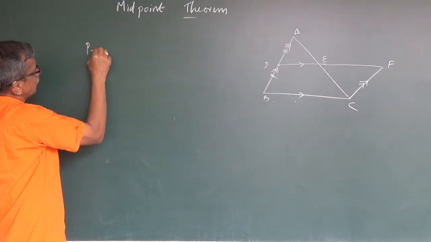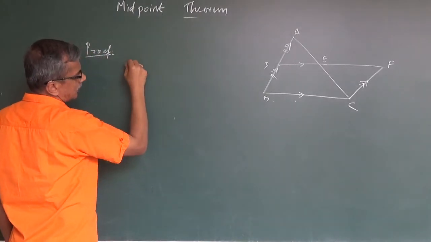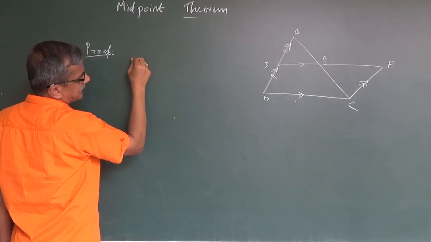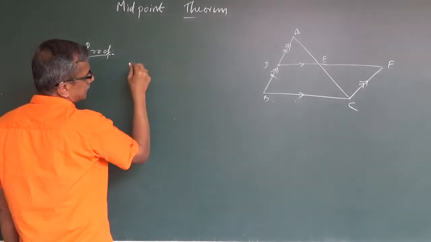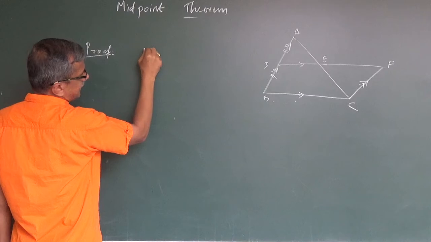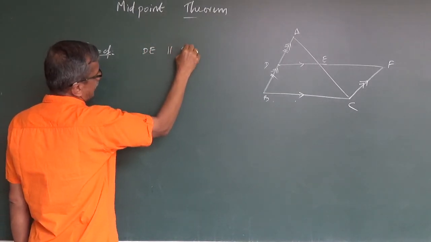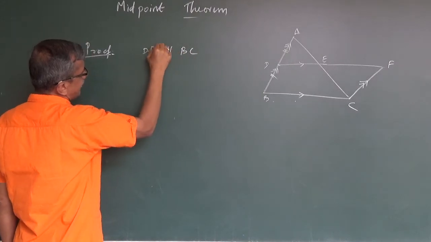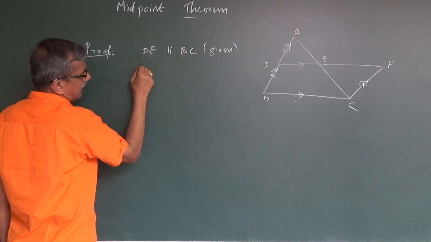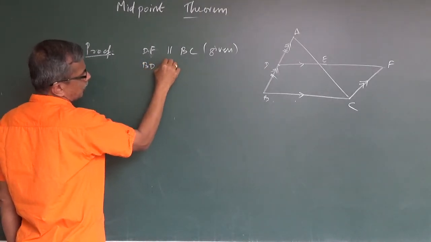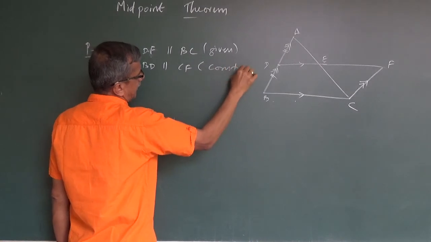So I am going to write the proof. DE is parallel to BC. We can say DF is parallel to BC. This is given, and then BD is parallel to CF by construction.